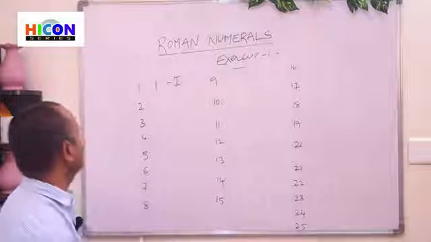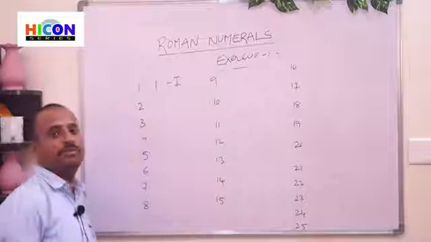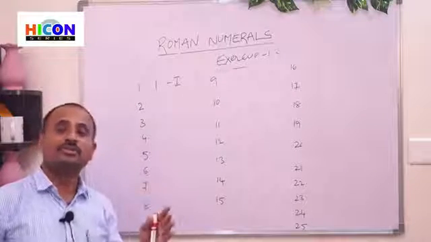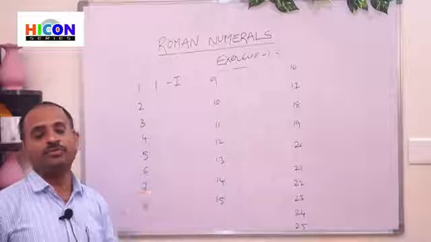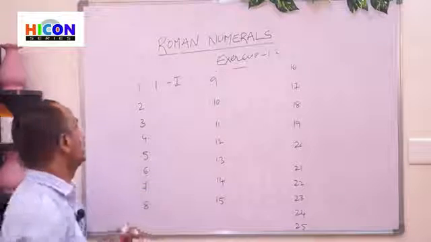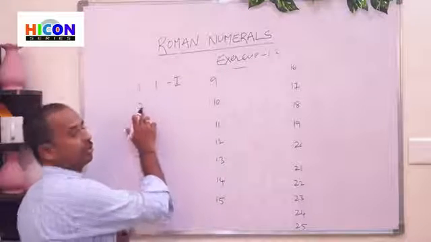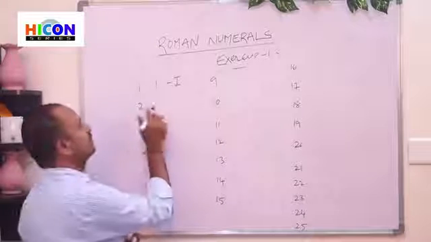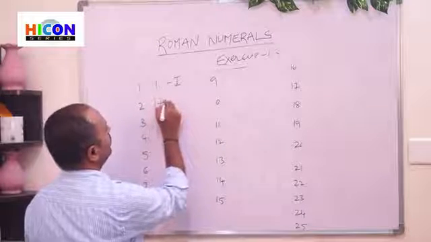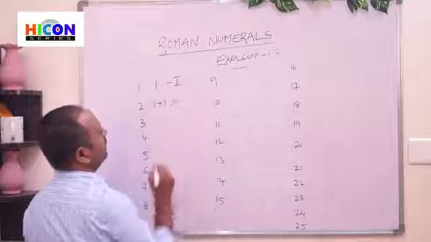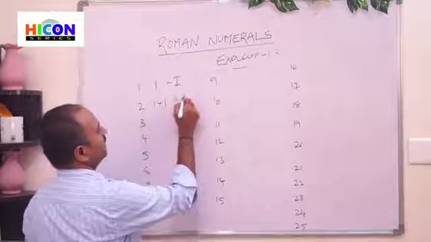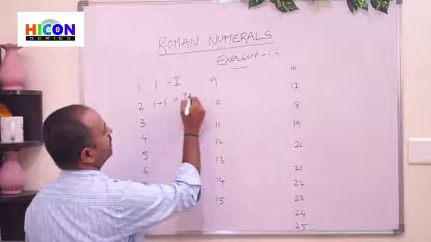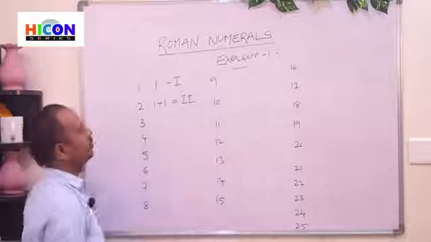That's why we have to convert these Hindu-Arabic numbers into ones, fives, tens, 50s, hundreds. So we have to convert this 2 into ones. That is, 2 can be written as 1 plus 1, and it becomes 1 means I and another 1 means I. So this is the Roman numeral.